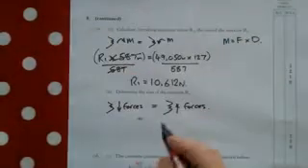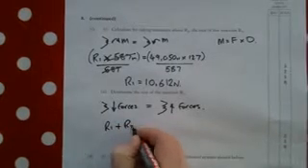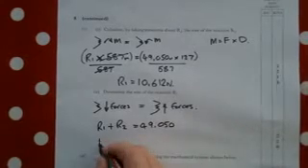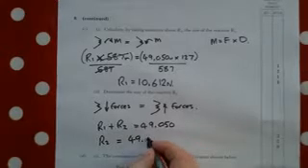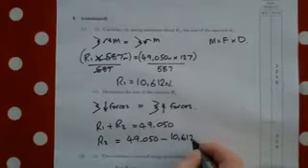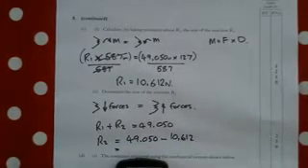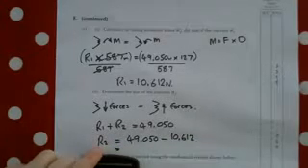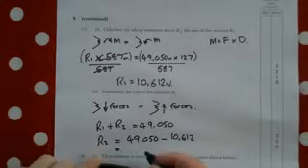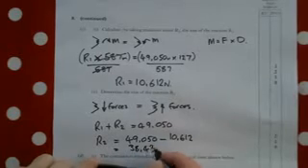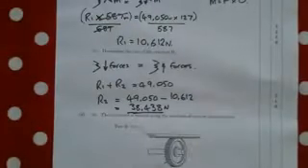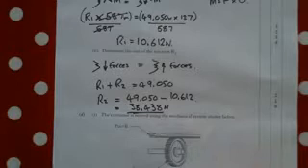So if R1 plus R2 is equal to 49,050, then R2 is equal to 49,050 minus 10,612 equals 38,438 newtons.